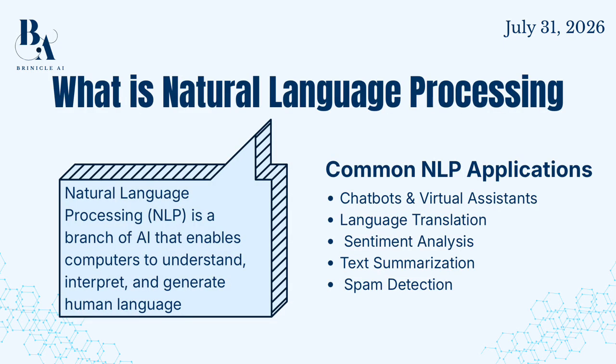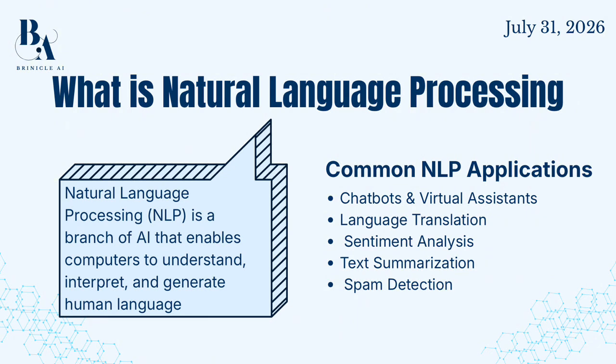Before we understand LLMs, we first need to understand NLP, which stands for Natural Language Processing. Humans communicate using natural language: English, French, Arabic, and many others. For computers, understanding these languages is much more difficult than processing numbers or simple commands. NLP is the field of AI that helps computers understand, interpret, and generate human language.